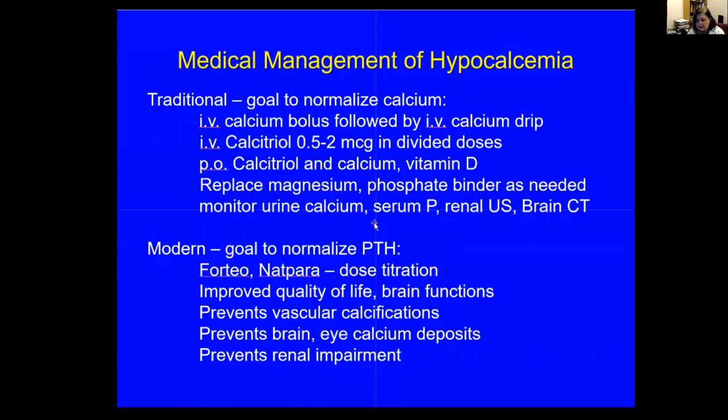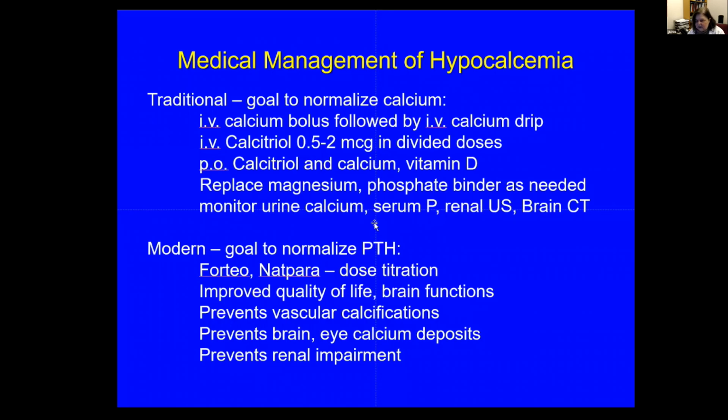And hypocalcemia management traditionally was done with calcium and calcitriol replacement, which leads to a very high urine calcium and nephrocalcinosis. And the symptoms are not really resolved.